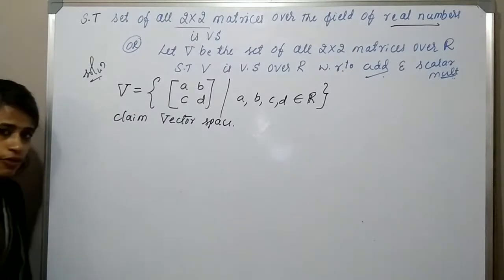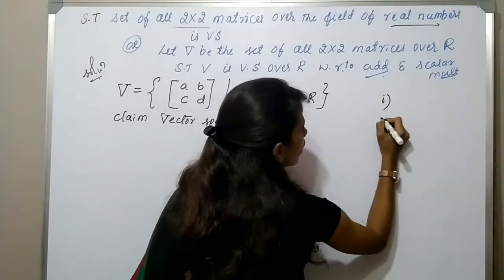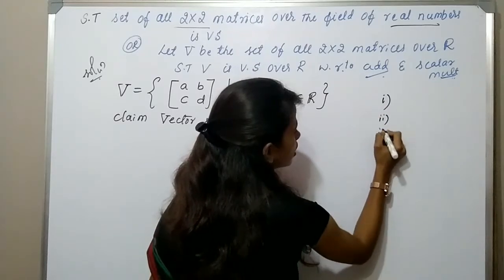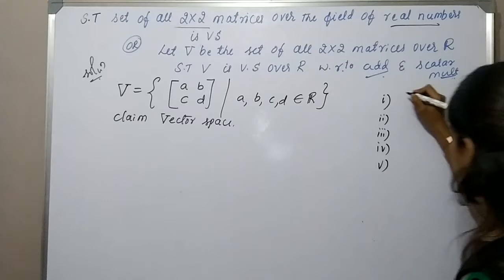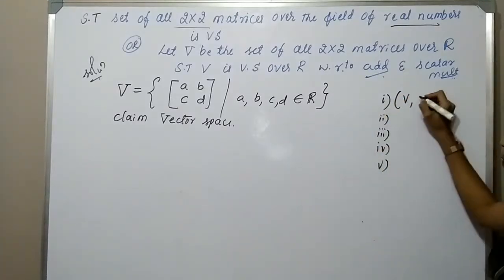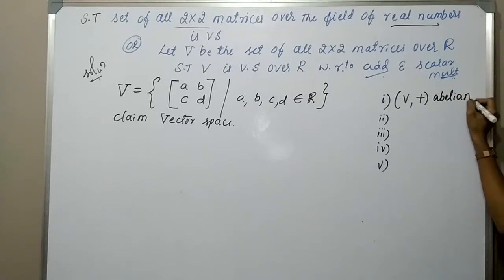So, what is the definition of a vector space? To be a vector space, it satisfies 5 conditions. First, the set V with respect to addition must form an abelian group.